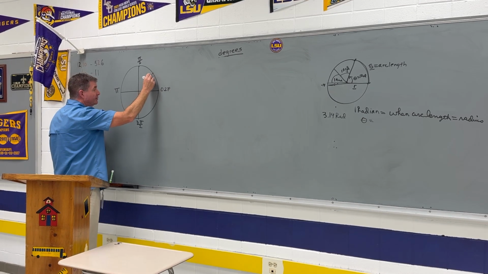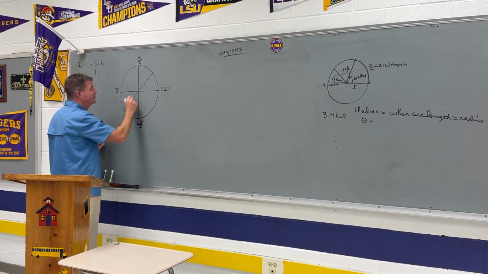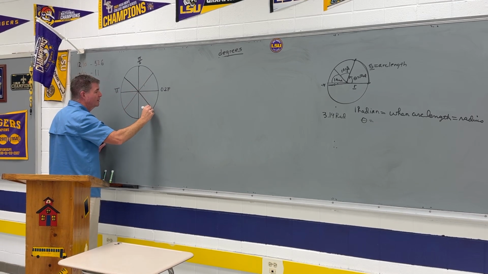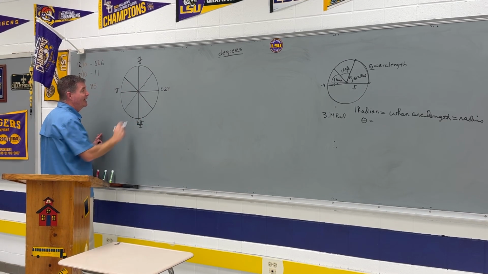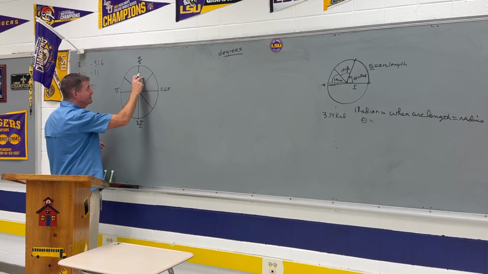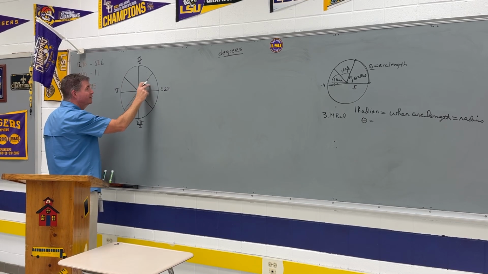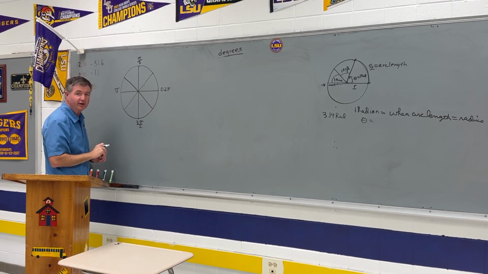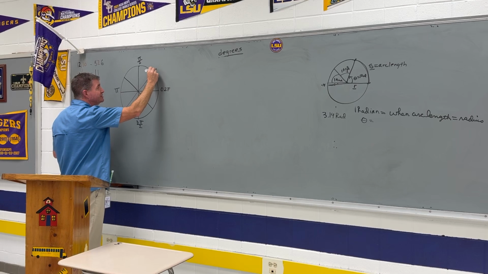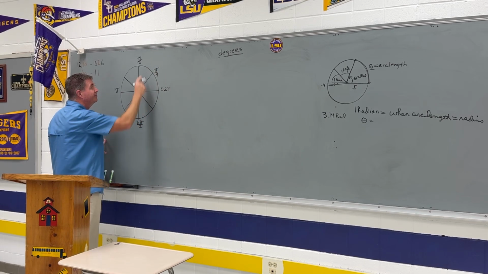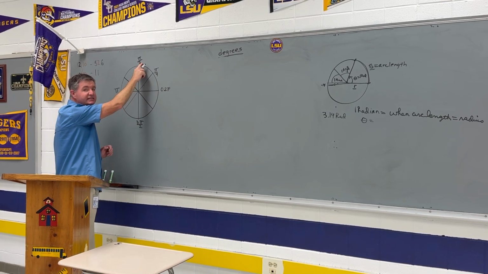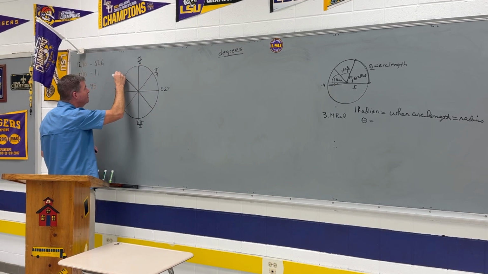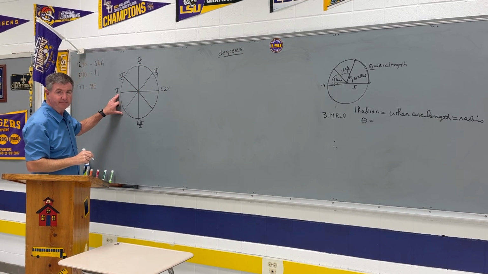Now, on that first circle that we did for the degrees, we did it in 45-degree increments. Well, we're cutting this into fourths. This is pi. This is 4 sections, so each one is 1/4 of the pi. So therefore, this is pi over 4. 2 pi over 4, we simplify it into 1/2. 3 pi over 4, and then 4 pi over 4, which is 1.